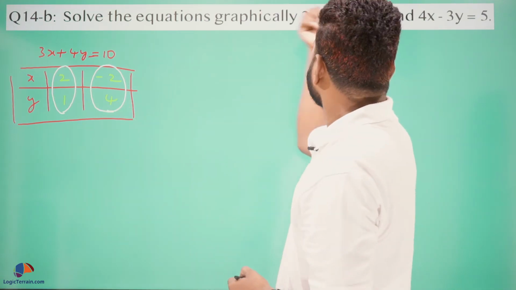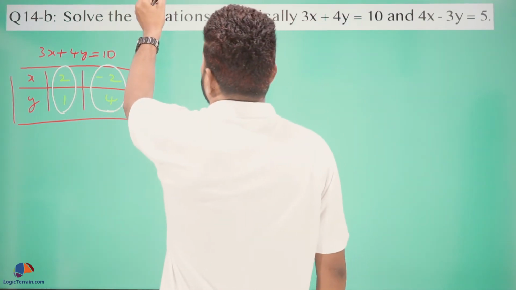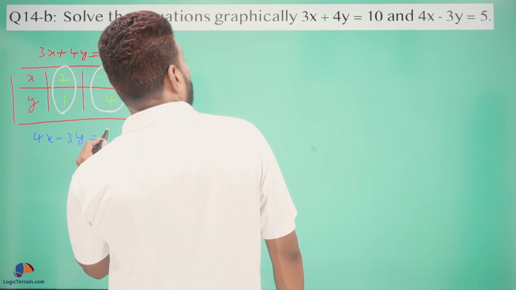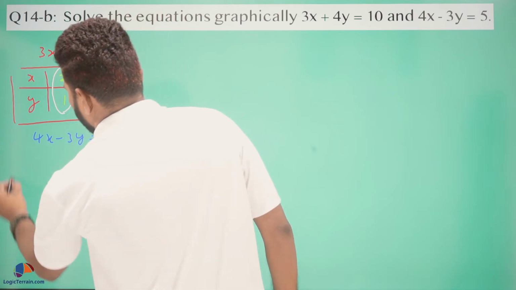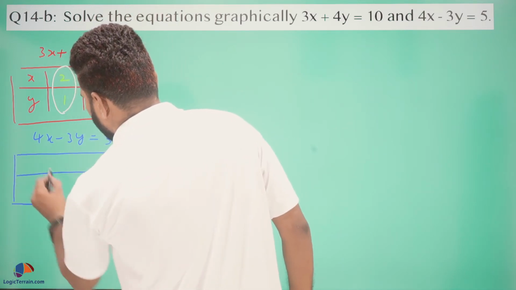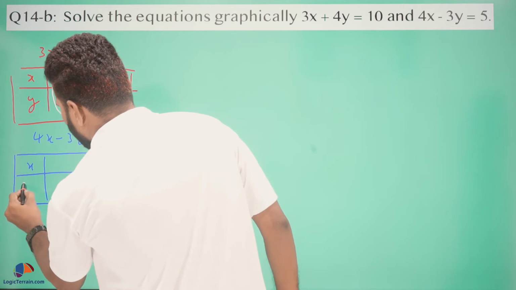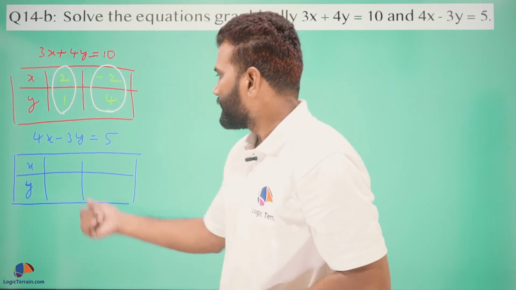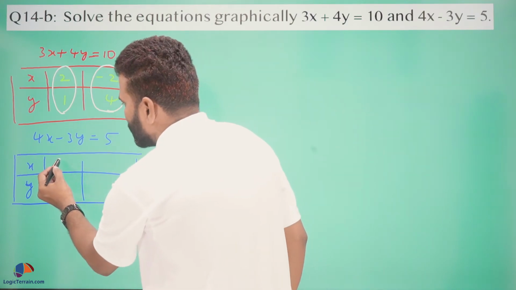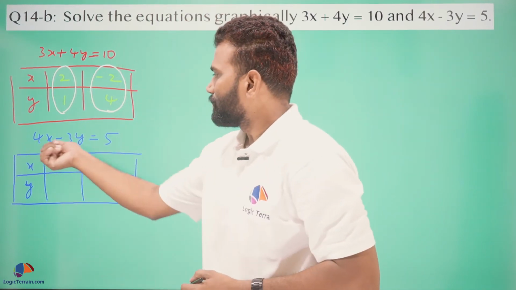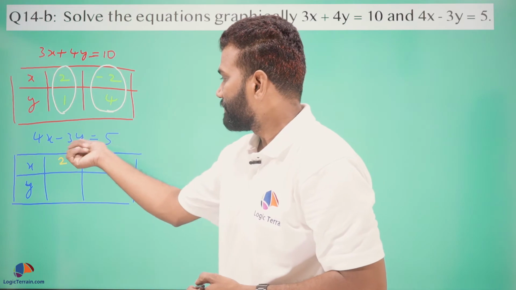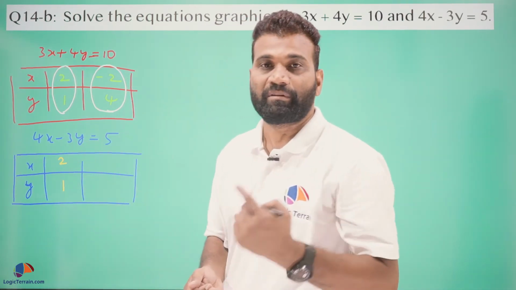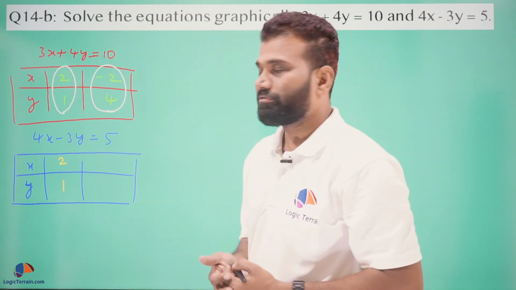Now we'll consider the second linear equation, that is 4x minus 3y equals 5. Here also we'll find the x value and y value. Let x equal 2: 2 fours are 8, then what must the y value be to get 5? y must be 1, 3 ones are 3, 8 minus 3 gives 5.